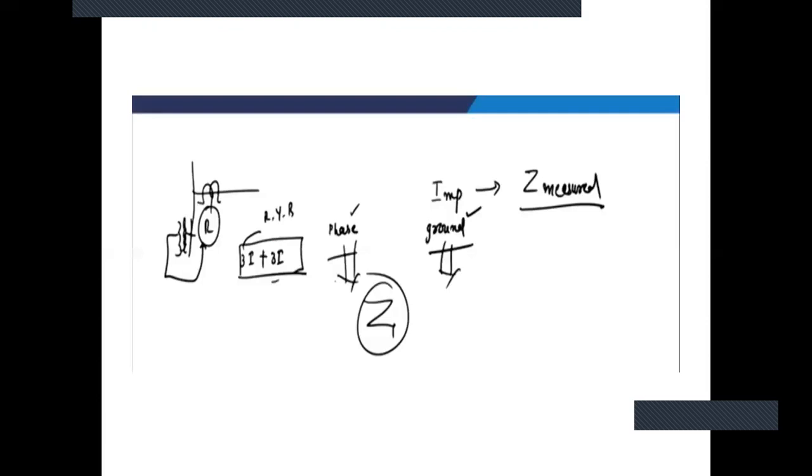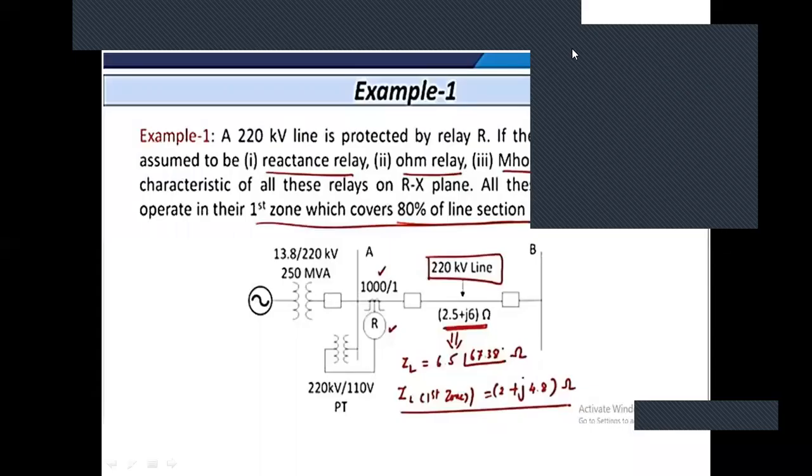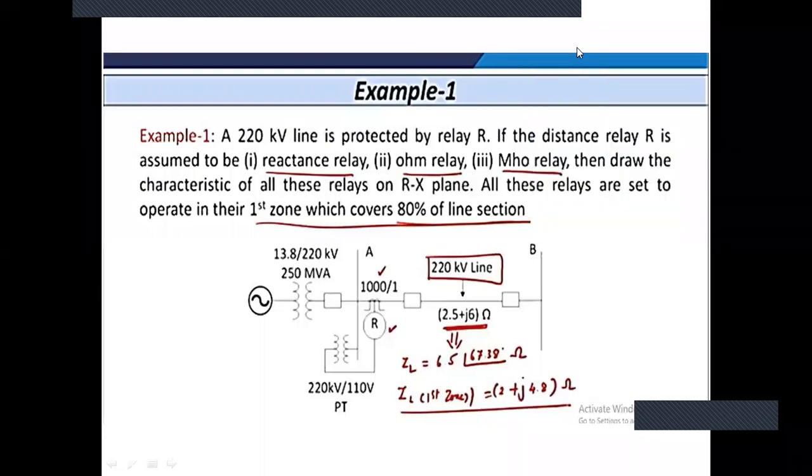So let us start our discussion with each type of fault one by one. In total, 6 units are required to protect one single circuit transmission line at a particular bus. So with this background, let us solve one example.